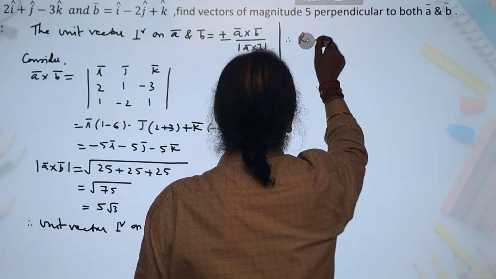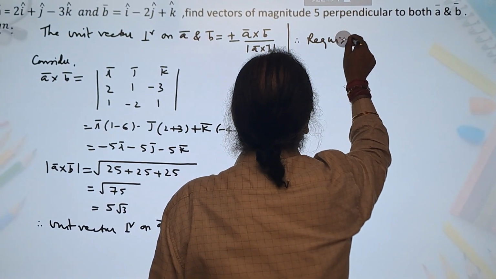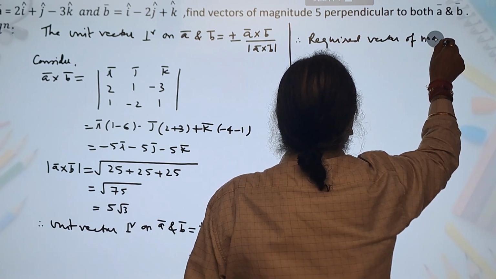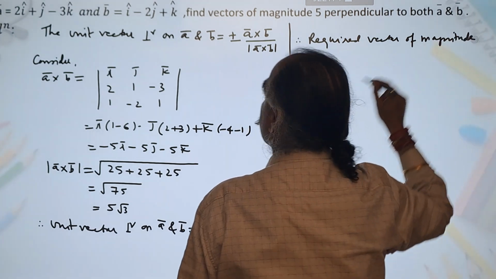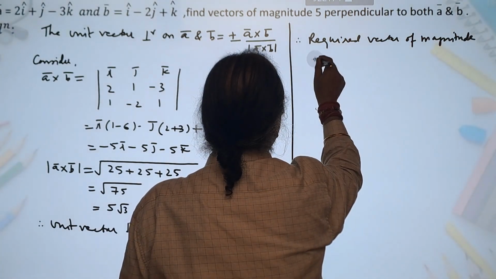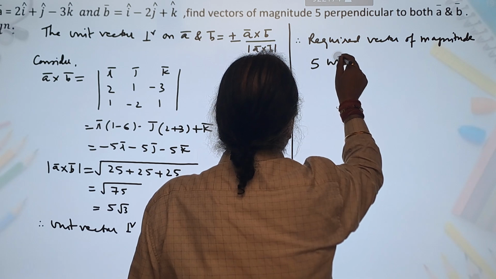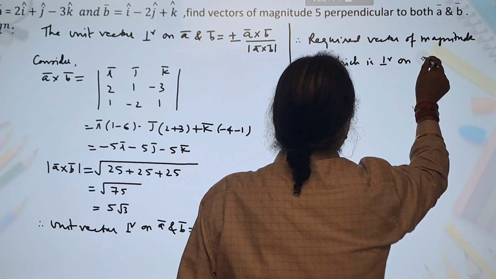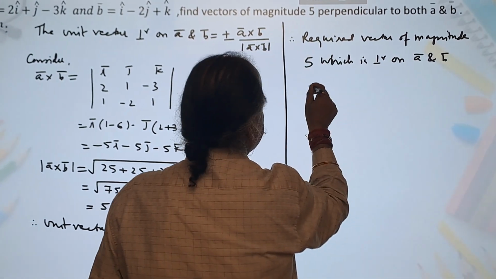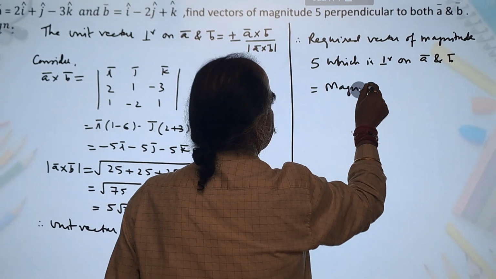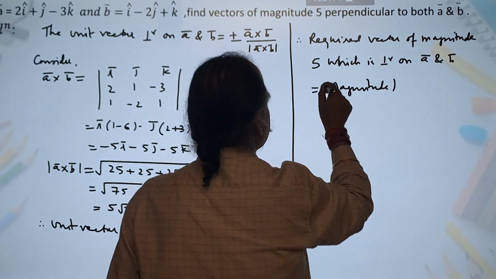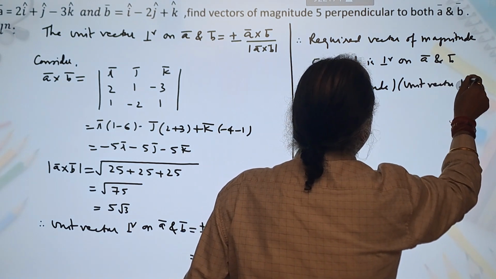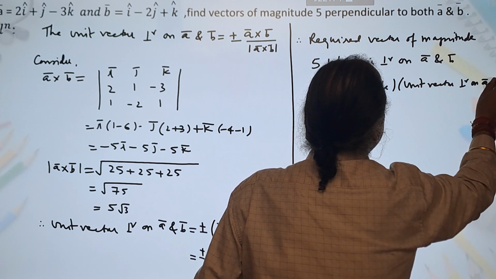Therefore, the required vector of magnitude 5, which is perpendicular on A bar and B bar, is equal to magnitude into unit vector perpendicular on A bar and B bar.